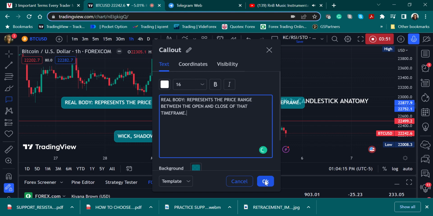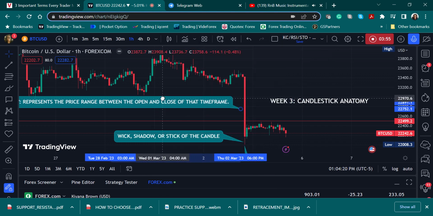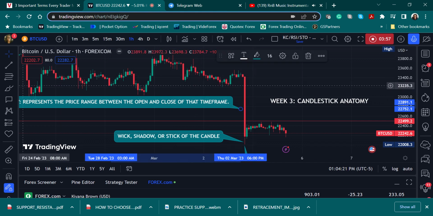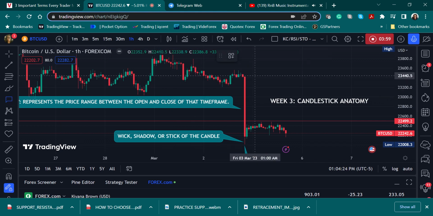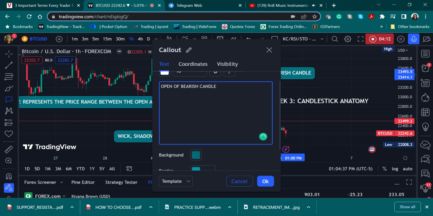Let's move this over. Make sure we get that call out. And then here we'll have another call out. This is the open of the bearish candle.